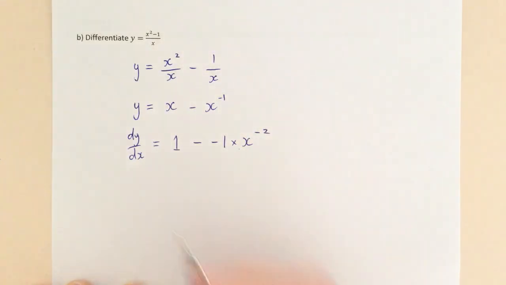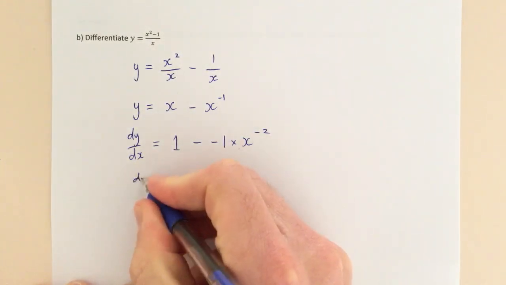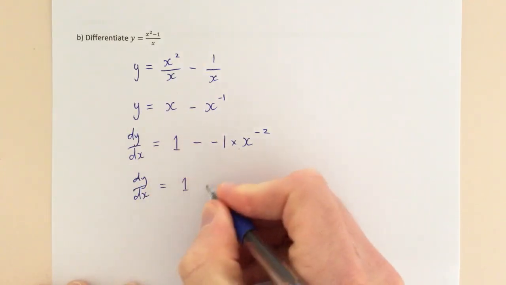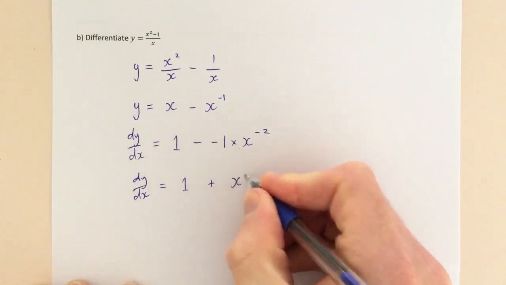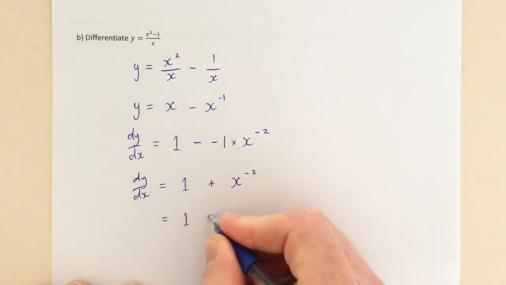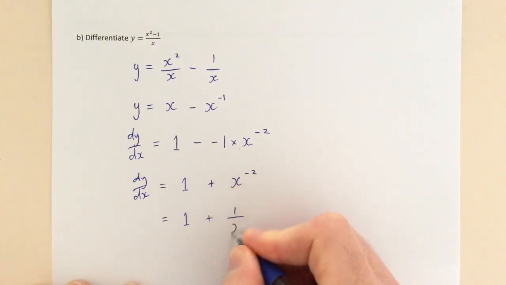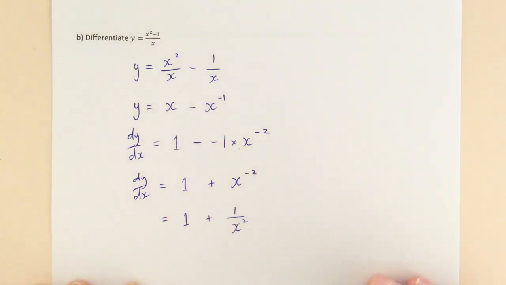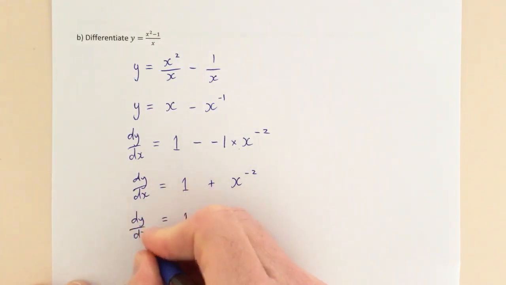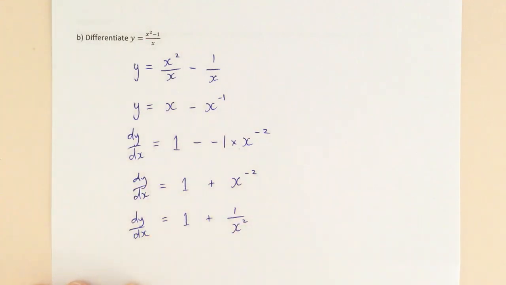This is a little bit messy looking, so let's tidy it up. dy/dx equals 1 plus x to the power of negative 2, which is 1 plus 1 over x squared, if we rewrite it with positive powers. As I said in the previous example, technically you've got your answer at the earlier line, so this last step may not be necessary, but it's certainly an equivalent and correct answer.